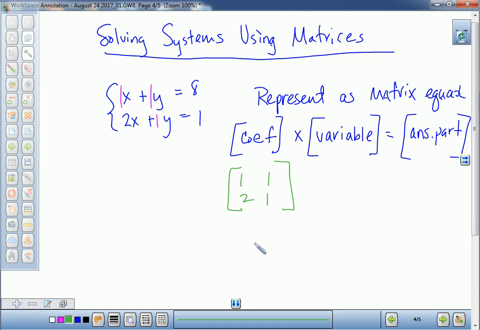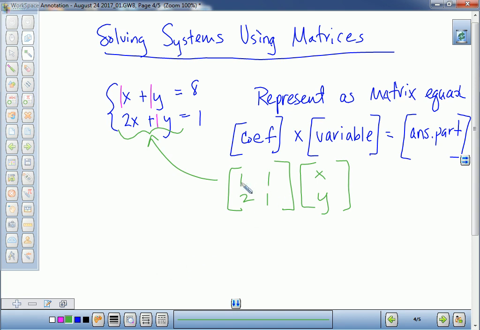Now we're going to multiply that by the variable matrix. Now, what are the variables? X and Y. Now I'm not just randomly setting this up. I'm setting it up in a way that if I did this product, it actually gives me this side of the equation.